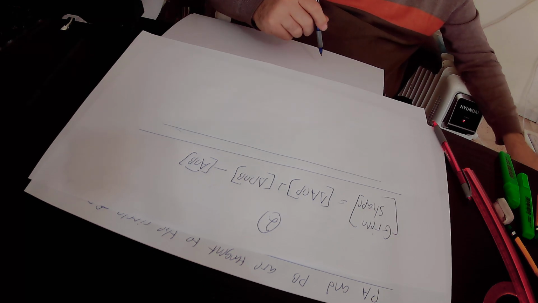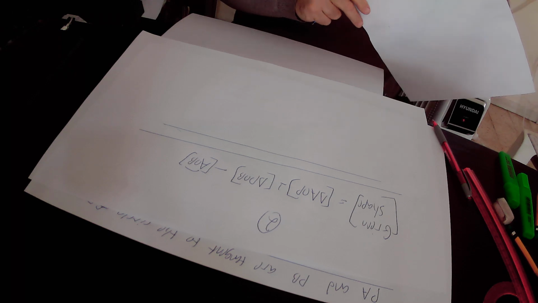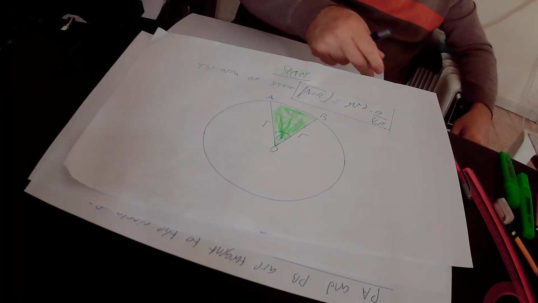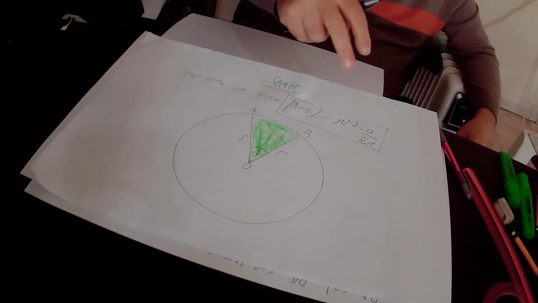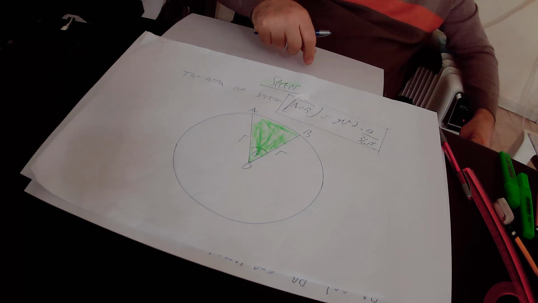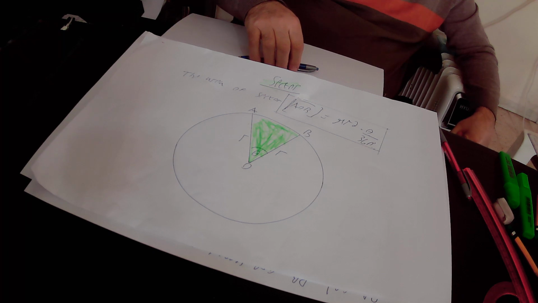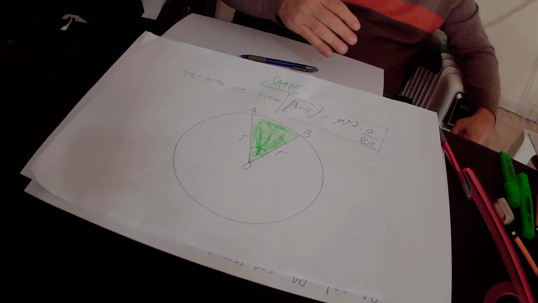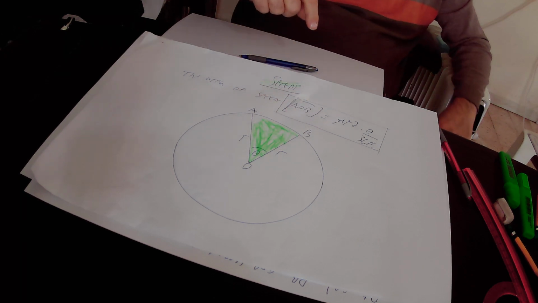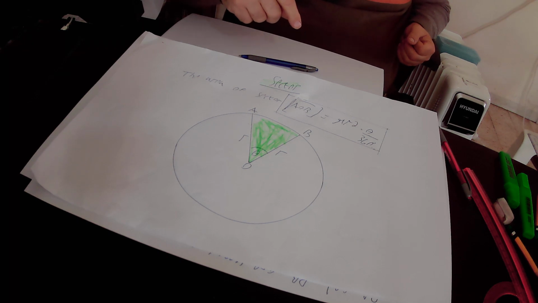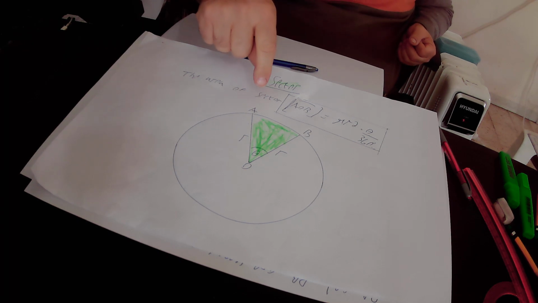So, do you know what a sector is? A sector is a portion of a circle. It is part of a circle, like a pizza slice. This green sector AOB consists of two legs.